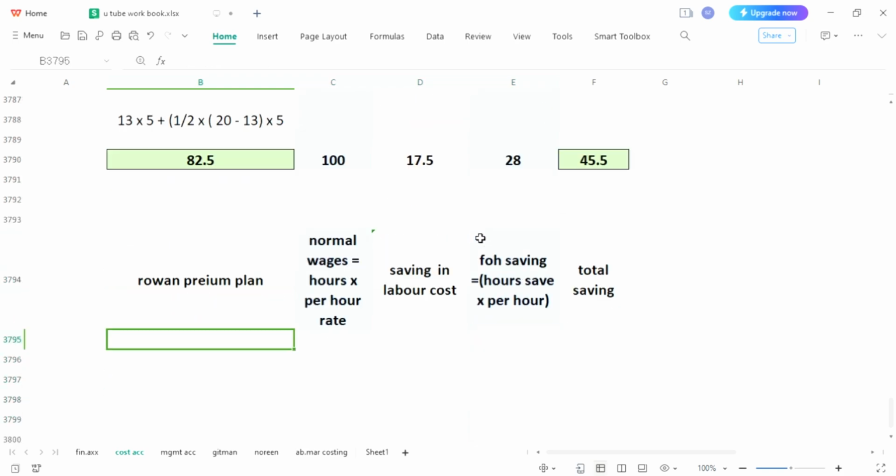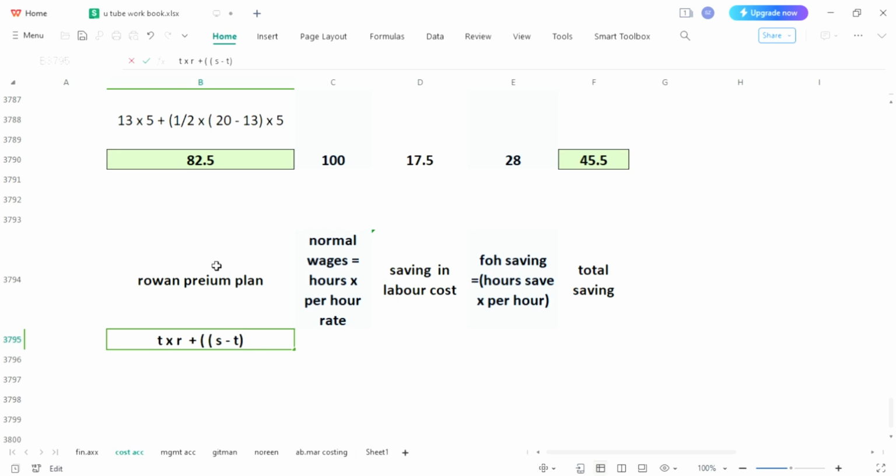And first we will calculate if this organization is not following the normal way of payment of wages. Instead of the normal way, they are using the Rowan plan, and it has its own formula. T multiplied by R, then plus, a bracket would be opened. A second bracket would also be opened, and then you will see standard time. Time taken would be subtracted from it.